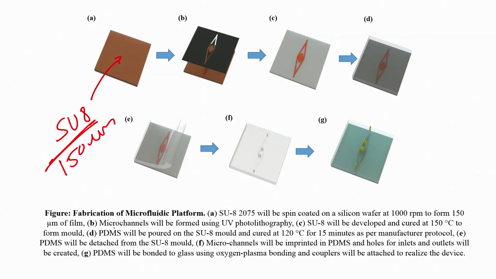Second is microchannel will be formed using UV lithography, this is B. C is SU8 will be developed and cured at 150 degree, so you can see it is cured. D is PDMS will be poured on SU8 mold and cured at 120 degree for 15 minutes.